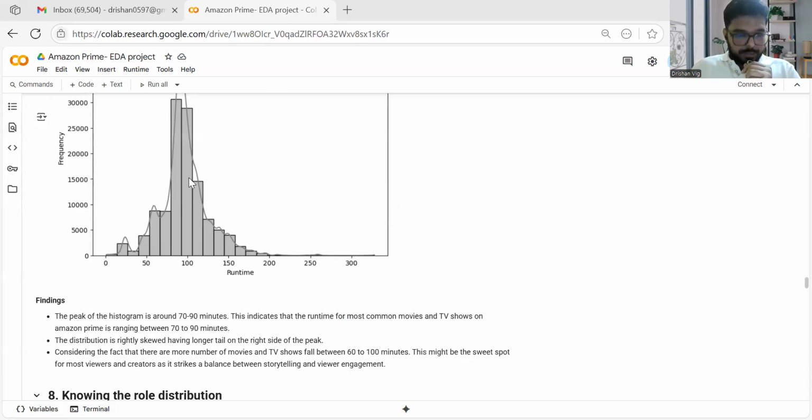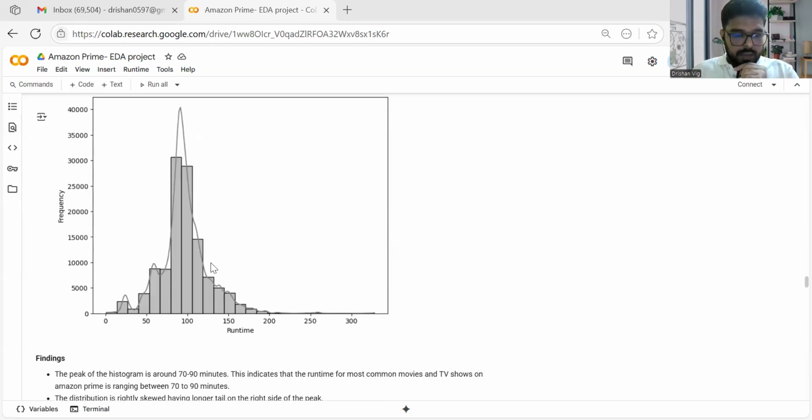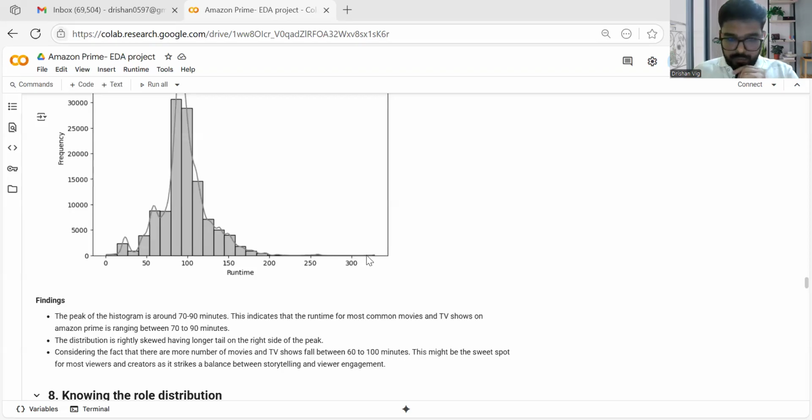So yeah, see, in the previous distribution histogram, the nature of that particular chart is left skewed, right? As I told you. But in this visualization, you can see clearly that the chart is right skewed, having a longer tail on the right side of the peak.